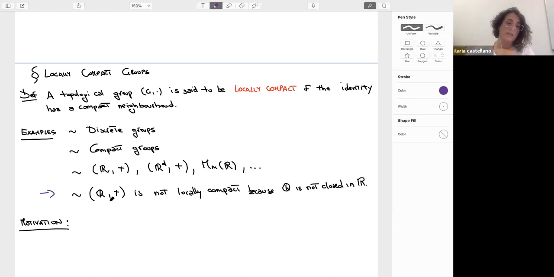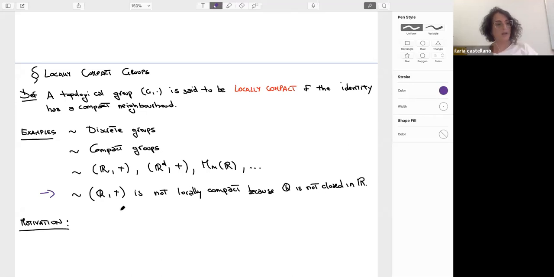If you consider the subgroup of rationals inside R and you use the subspace topology, then this group is not locally compact, because Q is not closed in R and a locally compact subgroup has to be closed. This is a well-known property for locally compact groups. So this one is not a locally compact group.